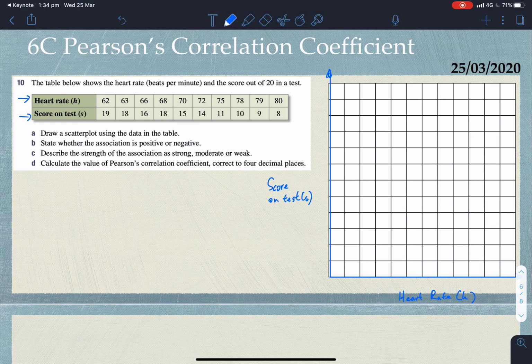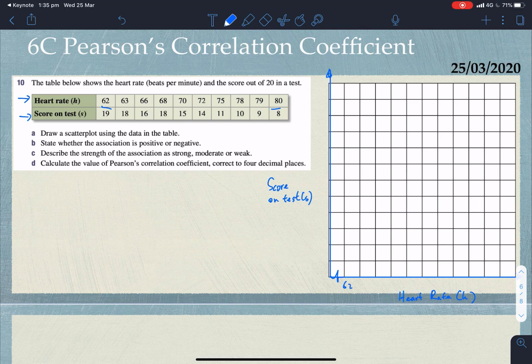Okay, so let's work on the scale. The scale on the bottom goes from 62 to 80. We can't do 1 space per number, so let's do 2 spaces per number. Start from 62.